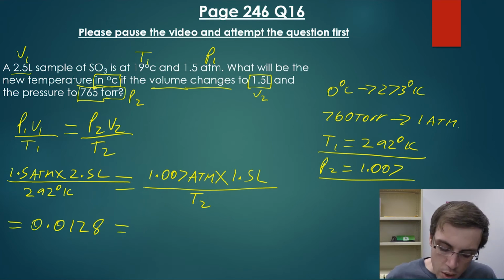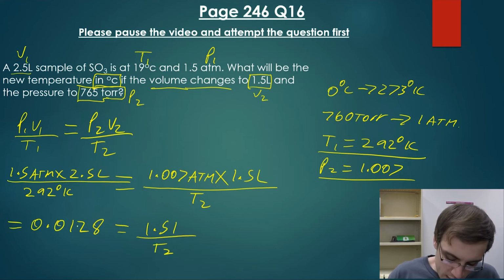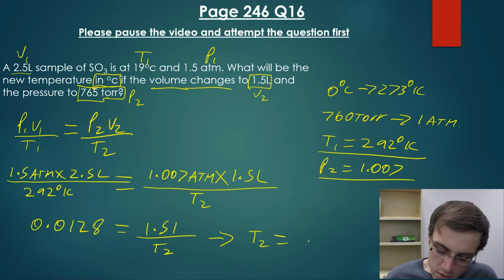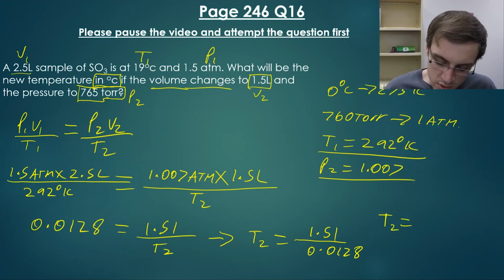We've got 1.007 times 1.5, which will give us 1.51 divided by T2. So we can rearrange these two here. That will give us T2 is equal to 1.51 divided by 0.0128.